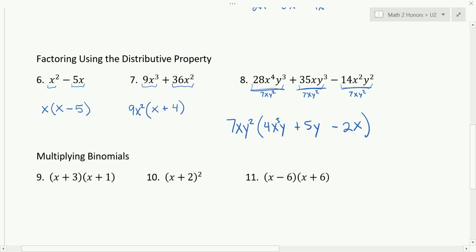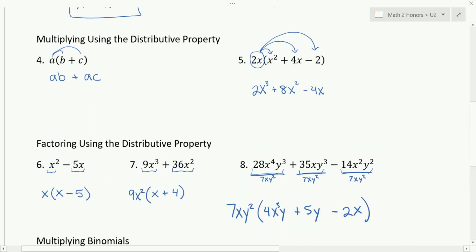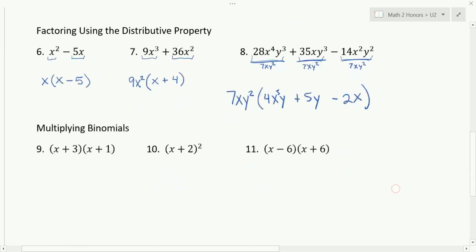Just as if we look back at number 4, I took the A and I multiplied it with the B and with the C. That's what I'm going to do here. Instead of taking one term, I'm going to take this whole thing and distribute it to both pieces here. That first piece is an x.